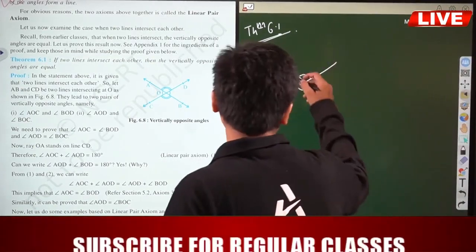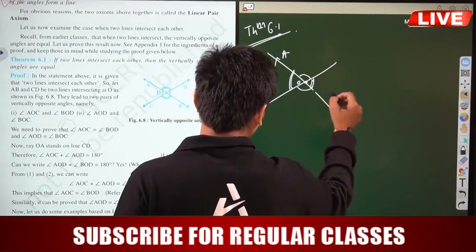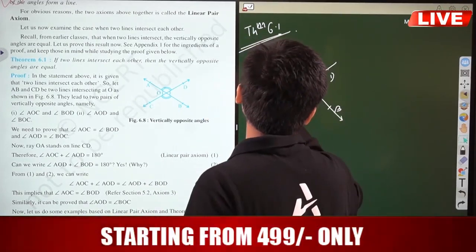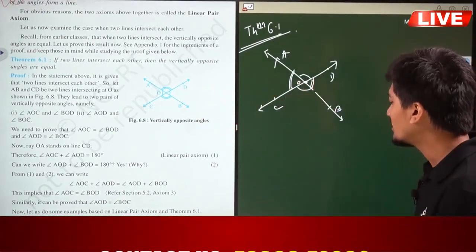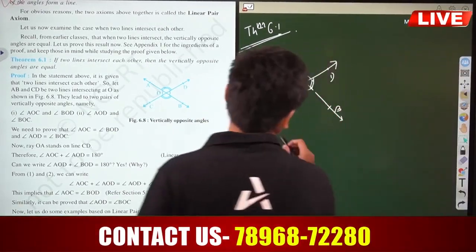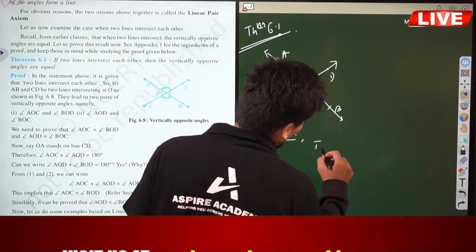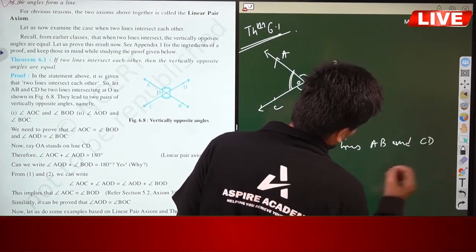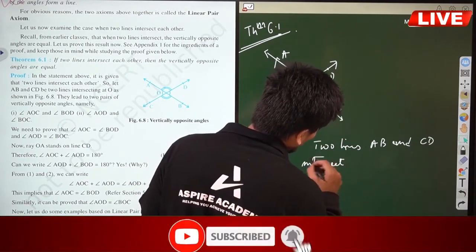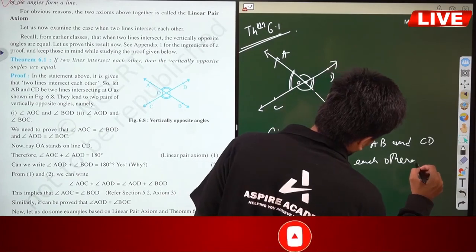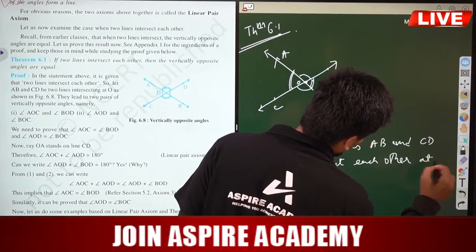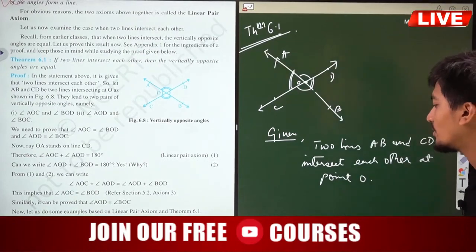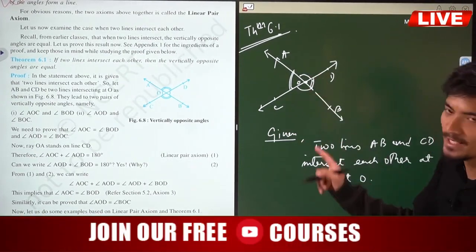Now let me mark it as A, B, C and D. These are two lines which intersect each other at point O. Given: two lines AB and CD intersect each other at point O. What do we need to prove? That the vertically opposite angles are equal.